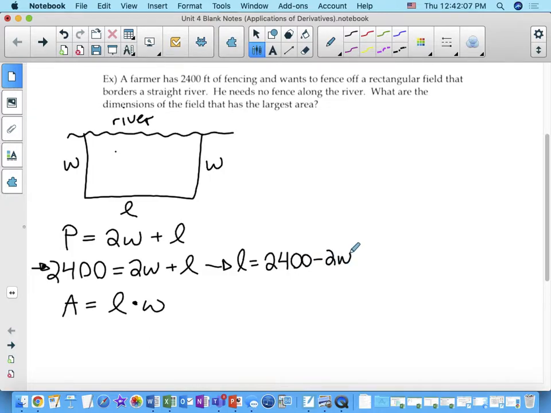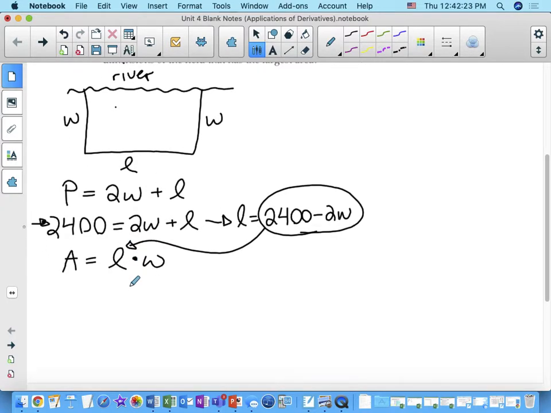Okay? And then I can do a substitution. I can take this and sub it in here. And now I have an equation that relates the area to the width, and I only have one variable.